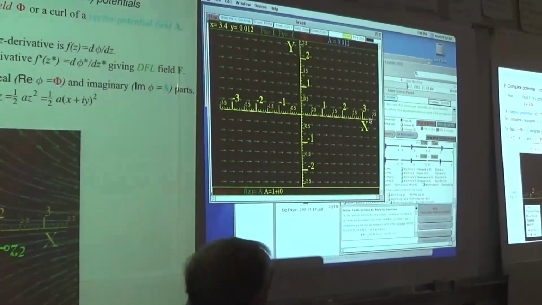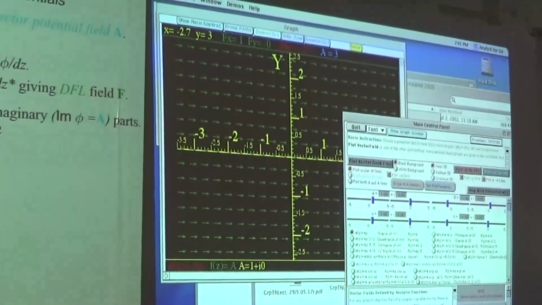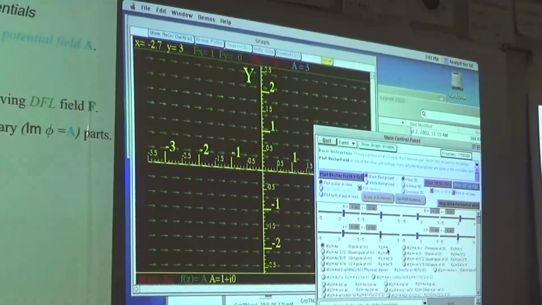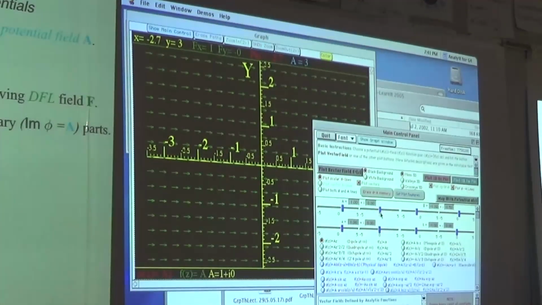So this is just what you get when, let's just go back to the main control here. This is what you get if you just set it equal to a complex number, some number. In this particular case, if I were to increase, say, the imaginary part here by a little bit, let's go ahead and increase it to half or so.